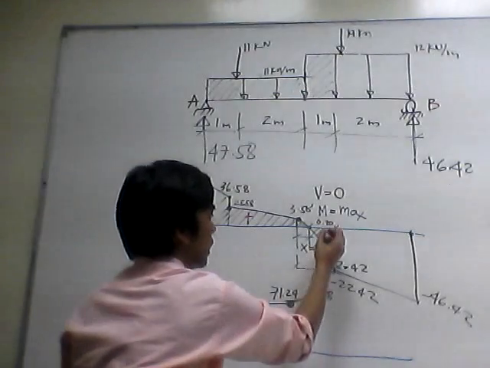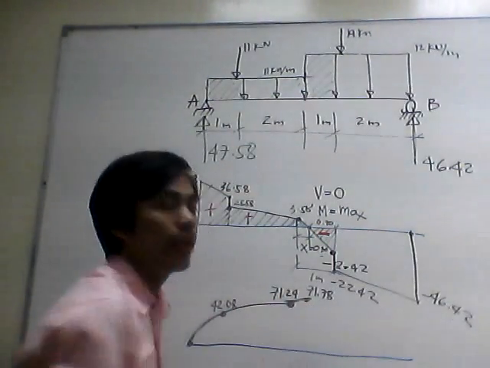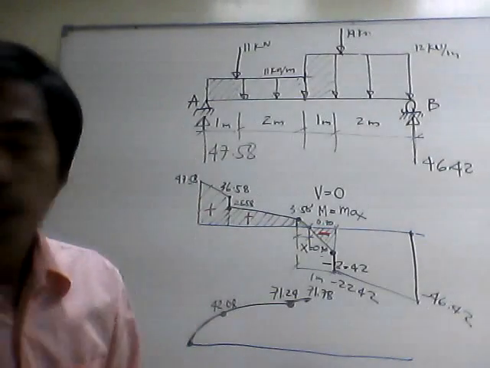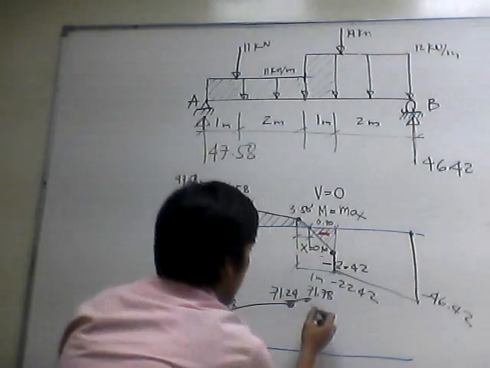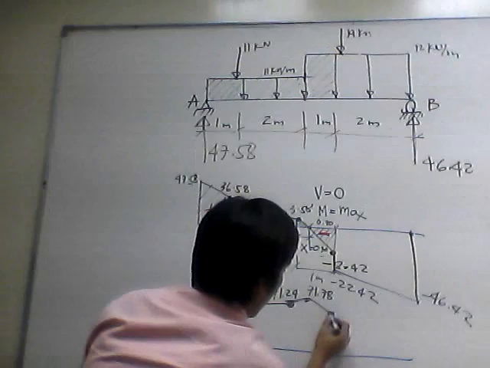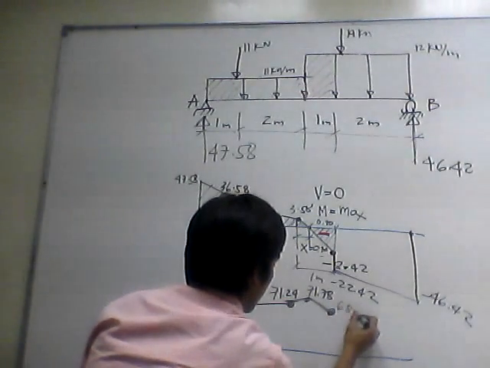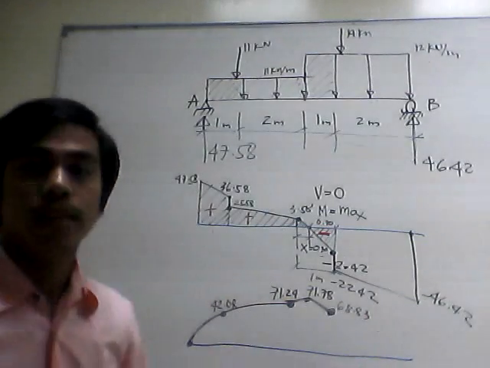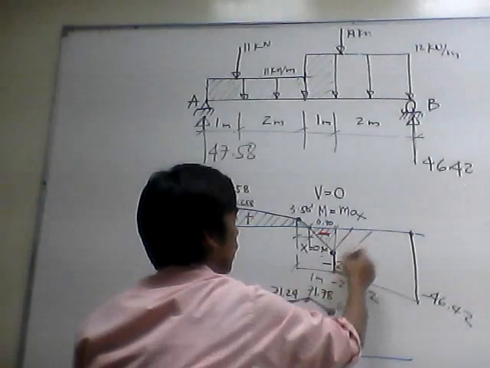Then next we have this area of triangle here, that is 8.42 multiplied by 0.7 divided by 2. This is a negative area, meaning we are going to subtract this from 71.78. That will give you 68.83 here. And the last area, trapezoid here.